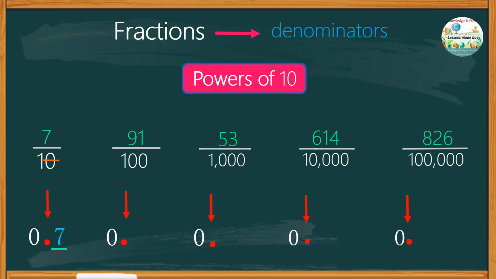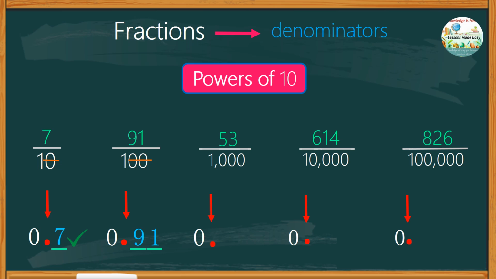And therefore, 7 is already enough to fill that space. So, 7 over 10 can be written as 0.7. For 91 over 100, there are 2 zeros in 100, so you need 2 decimal places. 9 and 1 can fill the space just fine.